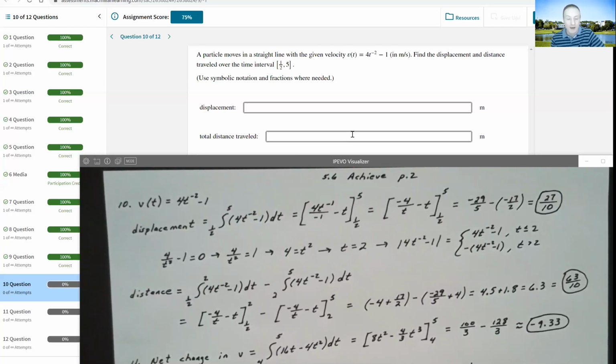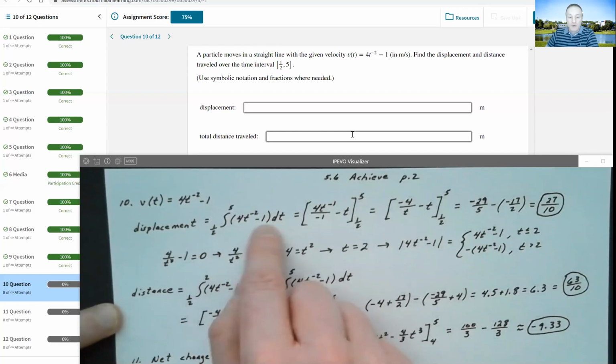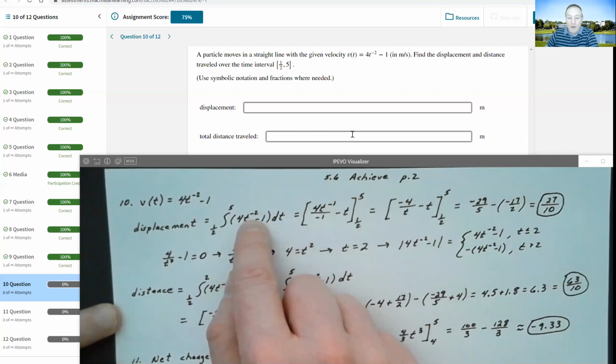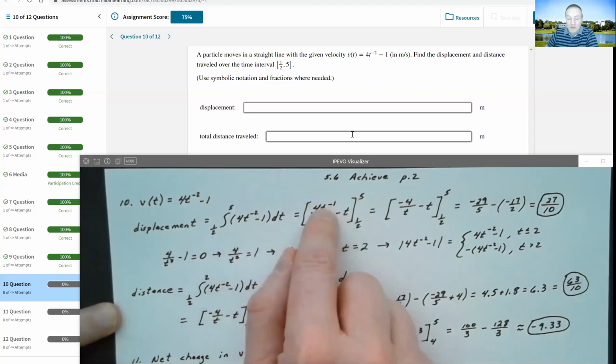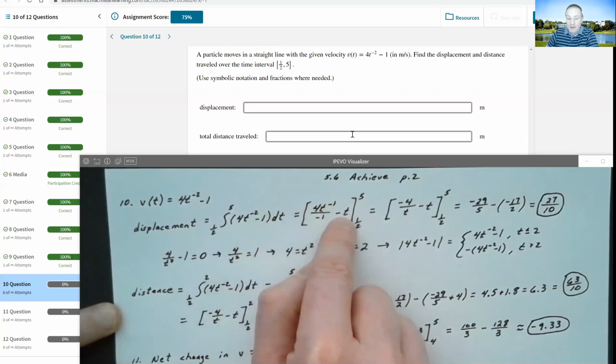So the displacement, again, just like last time, super easy. It's always the integral from where the motion begins to where the motion ends of your velocity function integrated with respect to time. So power rule says 4t to the negative 2 becomes 4t to the negative 1 over negative 1. Minus 1 becomes minus t.